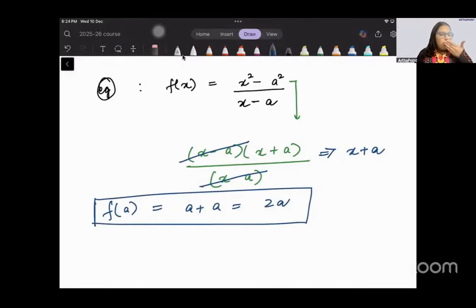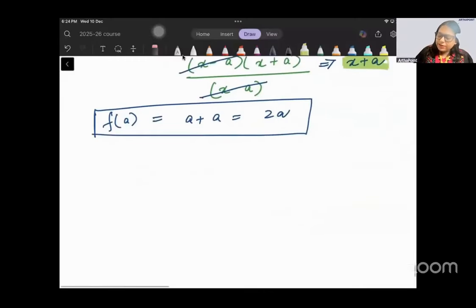So we could fix it by redefining the function. My original function is this, but I fixed it by writing it as this, right? This is called as removable discontinuity.